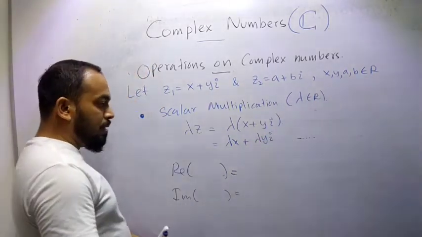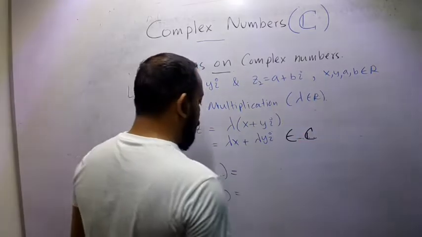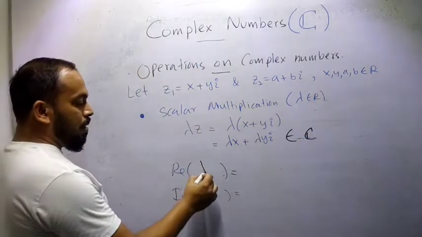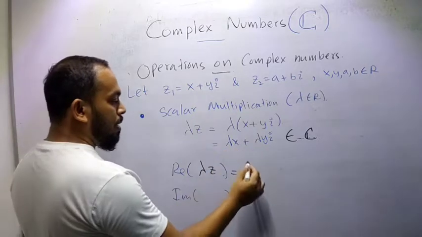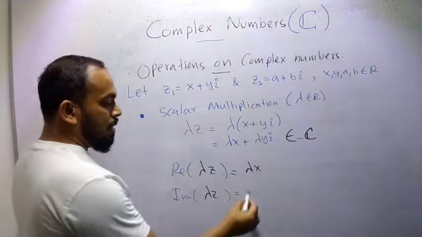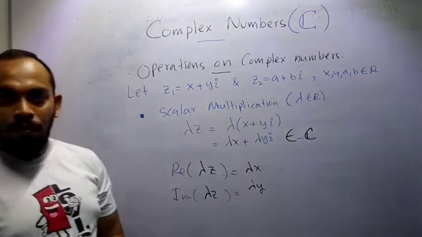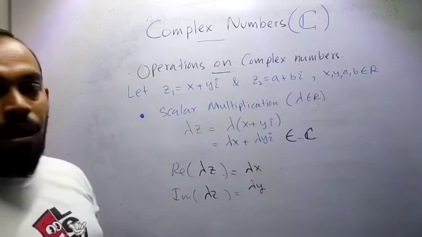So notice here that, again, this is a complex number. Right? So what is the real part of lambda z? The real part is lambda x. The imaginary part of lambda times z is lambda times y.